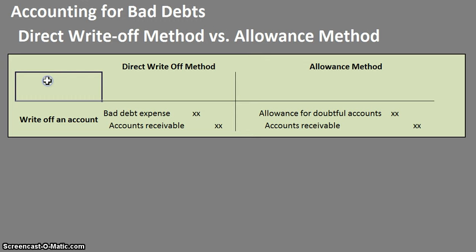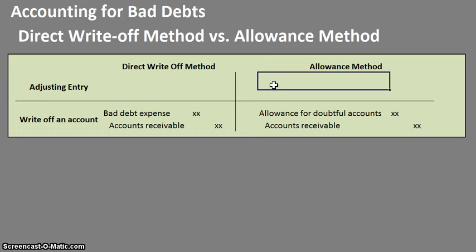And it's actually created at the end of an accounting cycle through an adjusting entry. So at the end of an accounting cycle, what we'll do is we'll take a look at our accounts receivable and our sales, depending on what method we look at, and we will decide an amount that we estimate that we probably aren't going to be collecting.